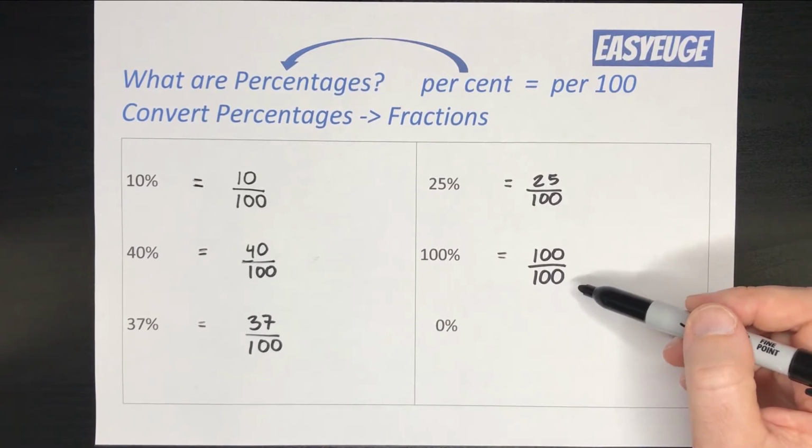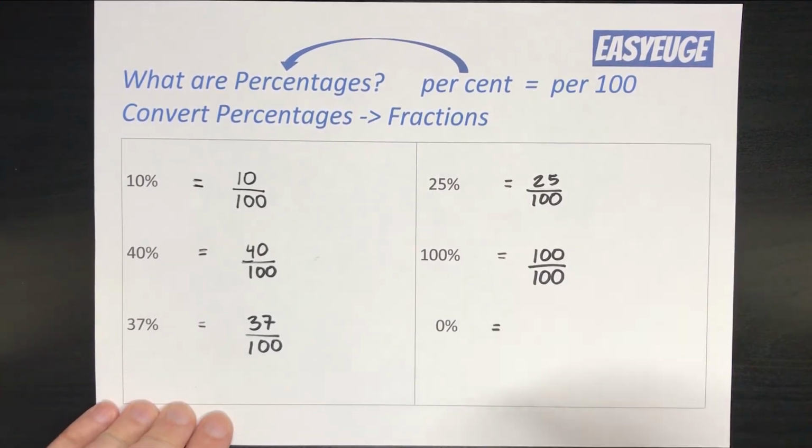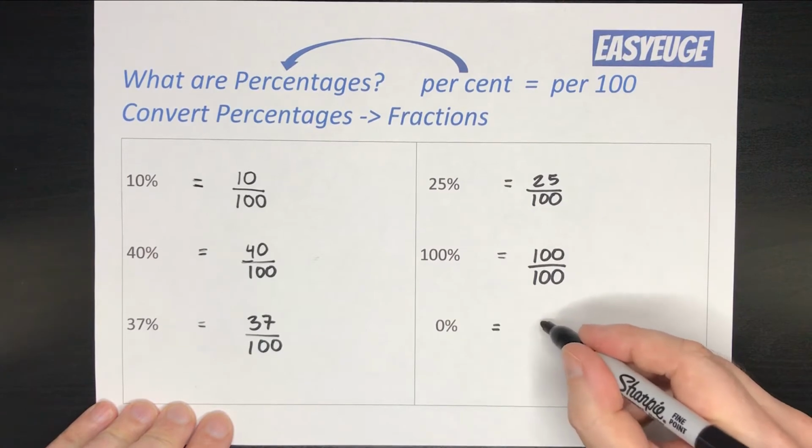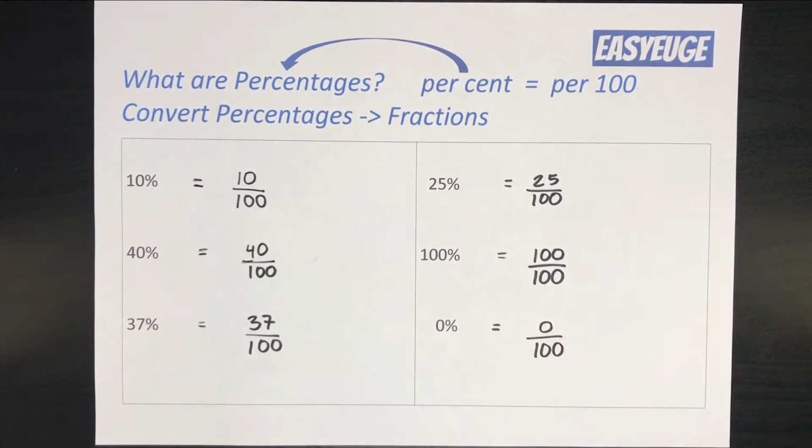So I think we could start simplifying these fractions. So let's do that in a moment. Let's finish with 0%. What would that look like as a fraction? That would be simply 0 divided by 100. So there you go. That's your first look at converting percentages into fractions.